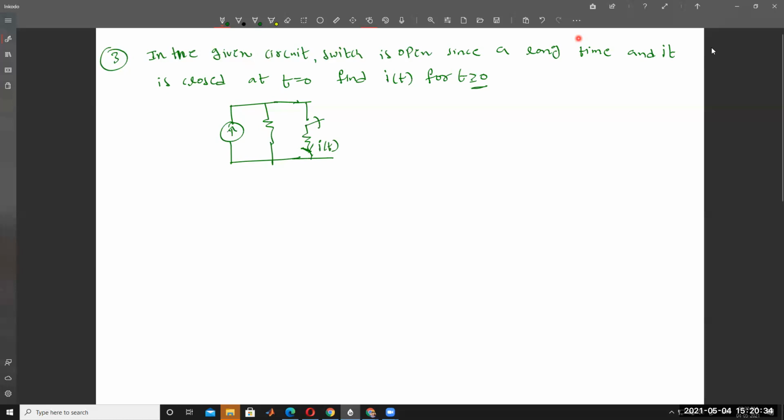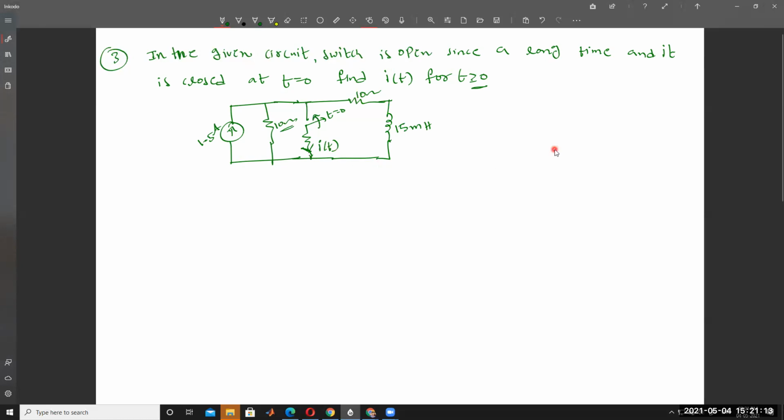This is the switch, resistor, inductor, 15 millihenry. Okay, so 1.5 amps, and here 10 ohms. Find the current I of t here, like this.